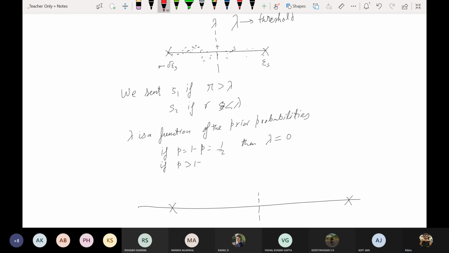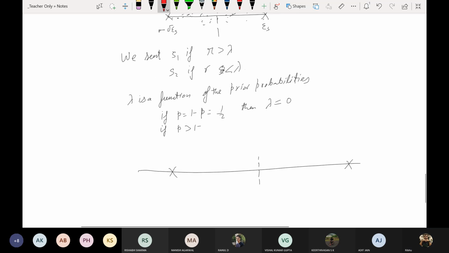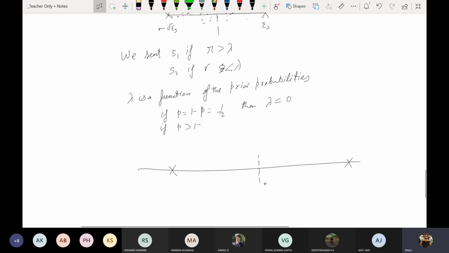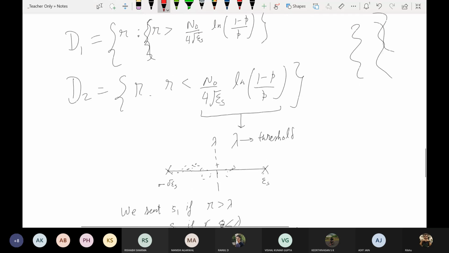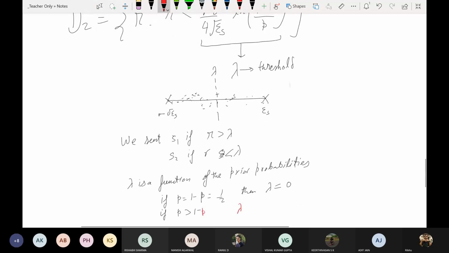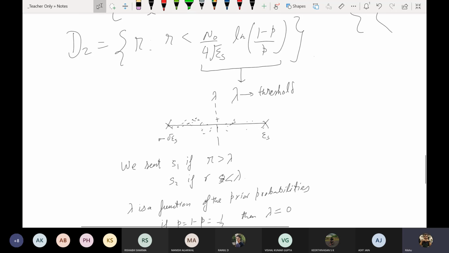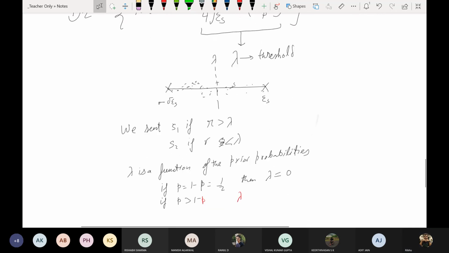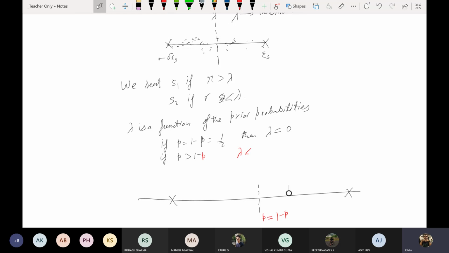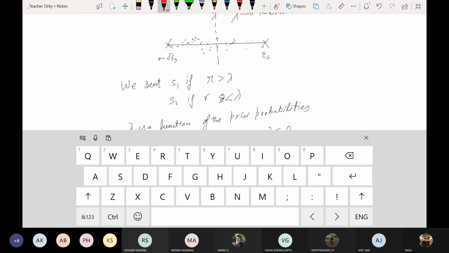Oh, now it has turned red. Nice. So if P is greater than 1 minus P, lambda is less than 0.